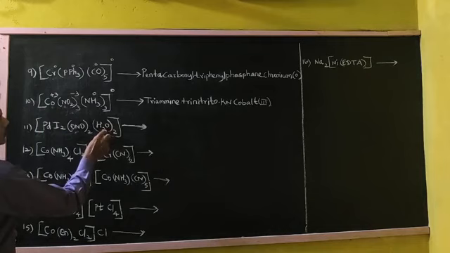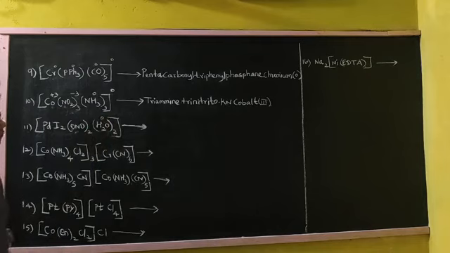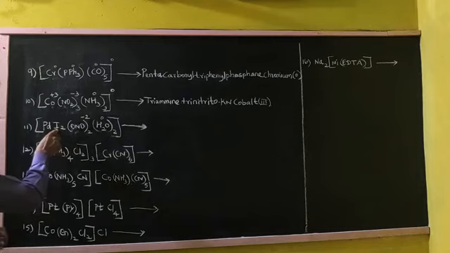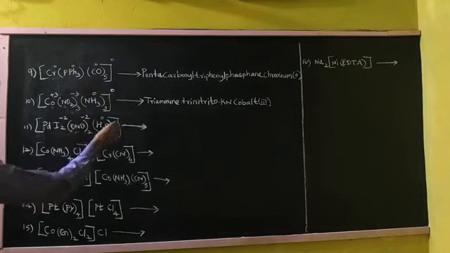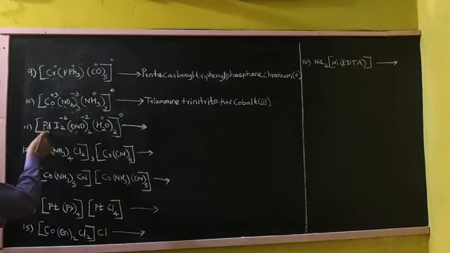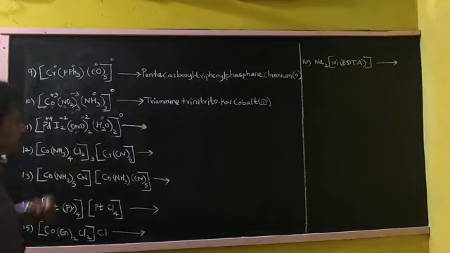Here water is aqua, the ligand name is aqua, the charge is neutral. Here nitrito has charge minus 1, so 2 gives totally minus 2. Iodo, 1 iodine is minus 1, 2 iodo, so minus 2. So the total charge of the coordination sphere will be 0. So what is the actual oxidation state? Palladium plus 4.